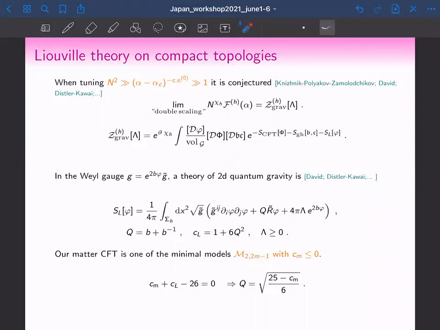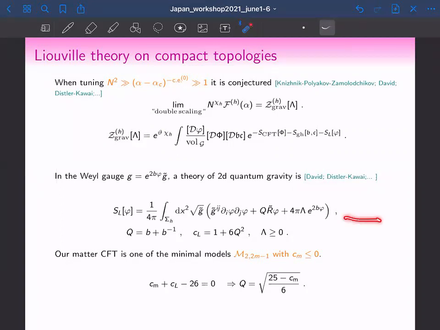In any case, upon going to Weyl gauge, writing the metric g in terms of the Weyl mode phi and what is called the fiducial metric g tilde, and a parameter b that pops up afterwards in my action, we can write the theory of two-dimensional quantum gravity in the following way. This is really due to the brilliant and beautiful work of Distler, David, and Kawai, and many other people.